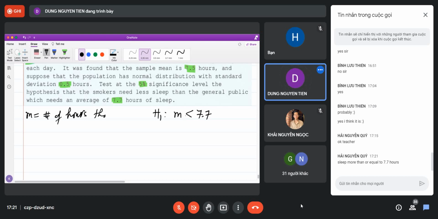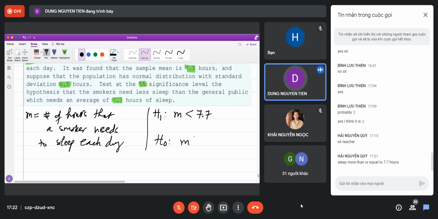Here, m is the number of hours that a smoker needs to sleep each day. Then you get H1 and H0. H0: m is greater than or equal to 7.7.